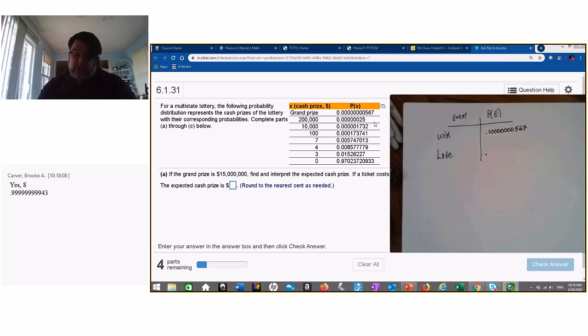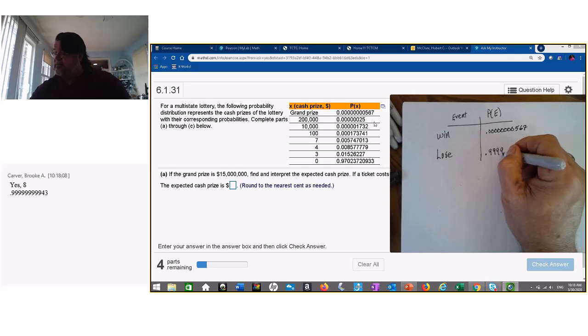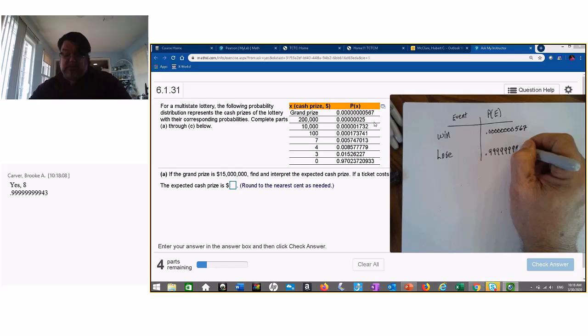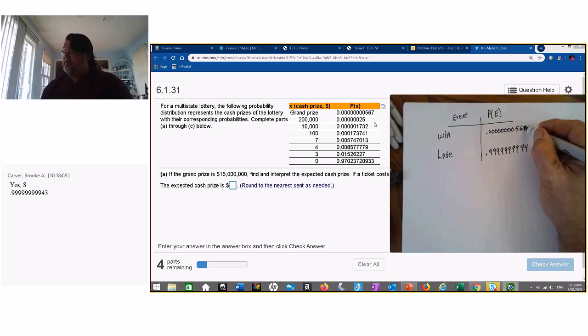Well, this calculator wouldn't let me do more than 0.999999. I guess that's not 8 nines. Four. Yeah, we'll just take that off right there.